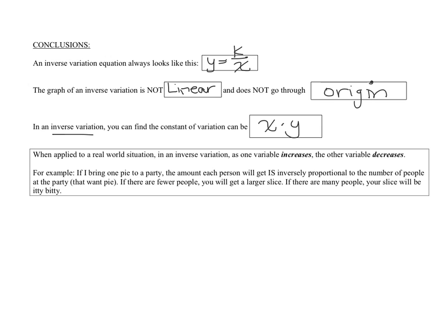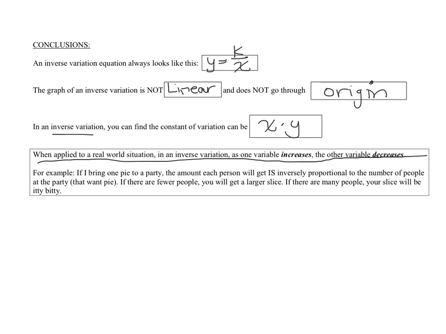When applied to a real-world situation, in an inverse variation, as one variable increases, the other variable decreases. So for example, if I bring one pie to a party, the amount each person will get is inversely proportional to the number of people at the party that want pie. If there are fewer people, you will get a larger slice.